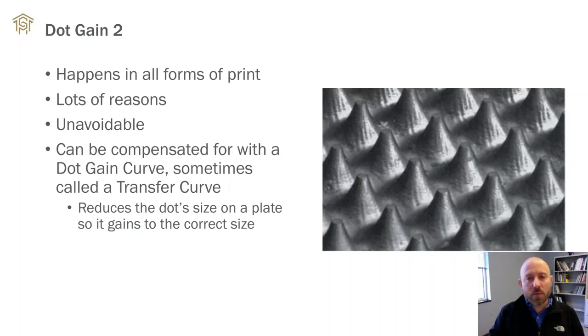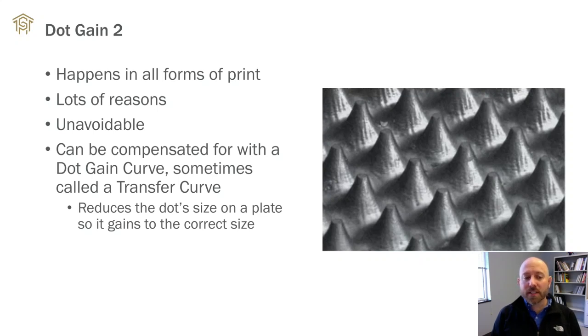If it does it one time, most likely using the same set of variables, it's going to do that exact same thing every single time. So it's predictable, which is good. And if it's predictable, we can compensate for that. And that's also a large job of the prepress artist, being able to compensate for dot gain.